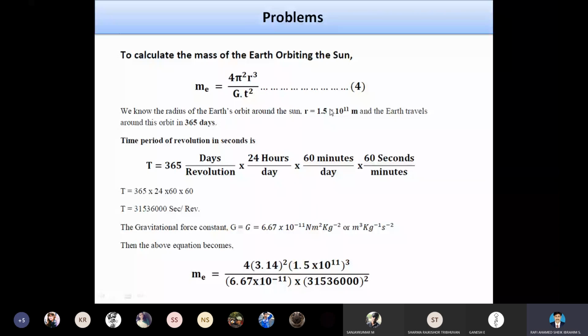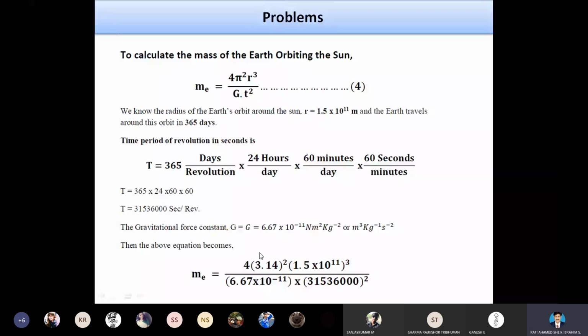So we have the value of R, and we have also measured the time in terms of seconds, and we also know the gravitational constant G is equal to 6.67 into 10 power minus 11. We substitute the data in the above formula.